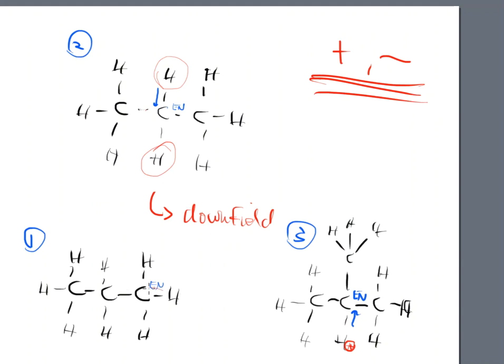So there's still an electron pull. There's still the electronegativity that's associated there, but this carbon is fighting against these 3 hydrogens at one time, where in example 2, that carbon is fighting against 2 hydrogens at one time, and in example 3, that carbon is fighting against 1 hydrogen at a time, and that is it.